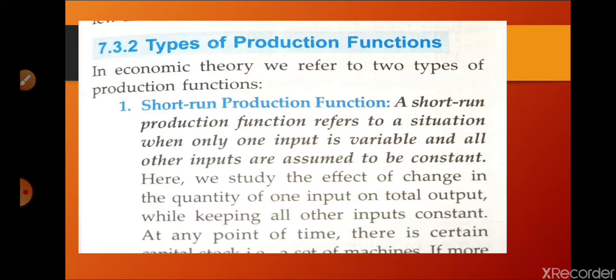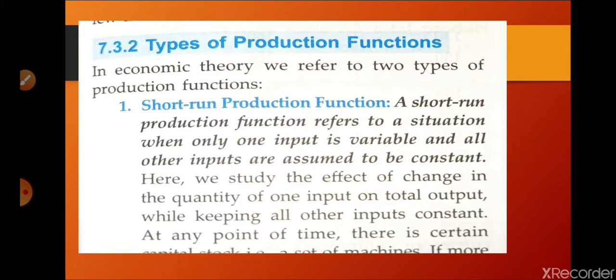Production function is also a subject matter of the law of variable proportion, which the classical economists have named the law of returns. So the law of returns to a factor is also part of the law of variable proportion.